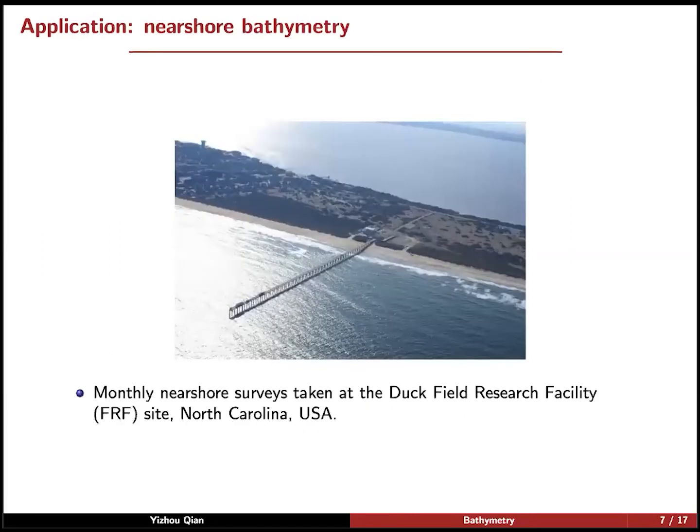So now I will talk about the application of this deep neural network framework. Our data consists of monthly nearshore surveys taken at the FRF Field Research Facility in North Carolina, USA. It is a rectangular measurement domain, 900 meters across shore and 1,200 meters along shore, with around 3,500 measurement points.